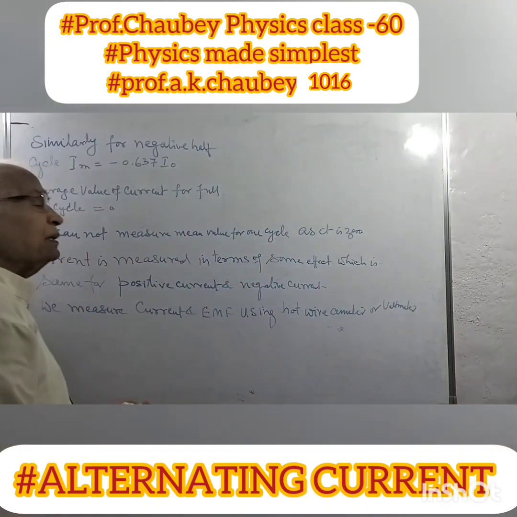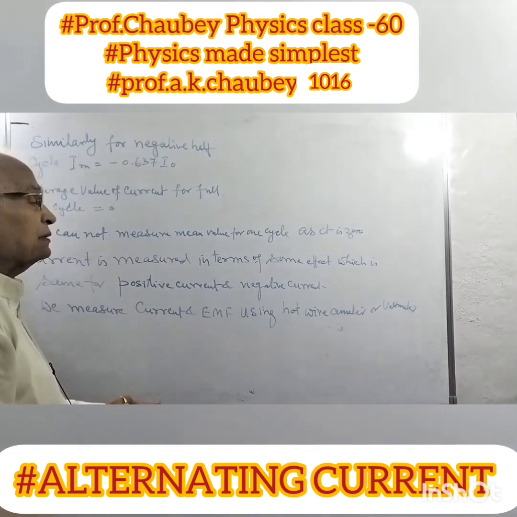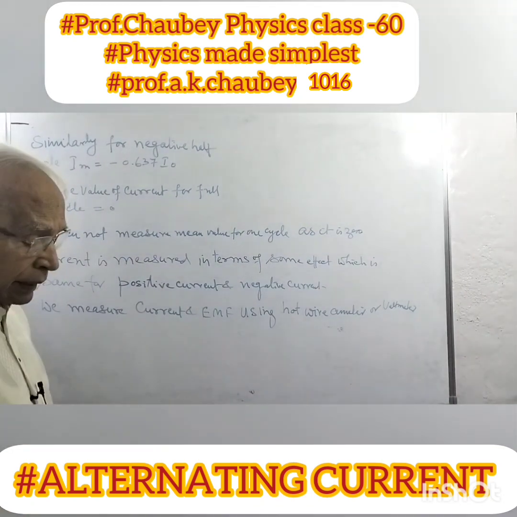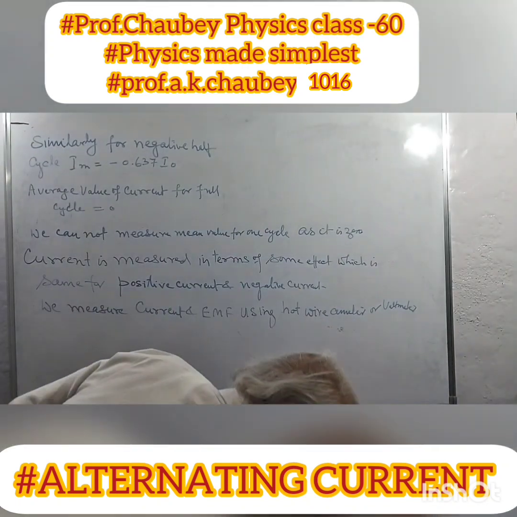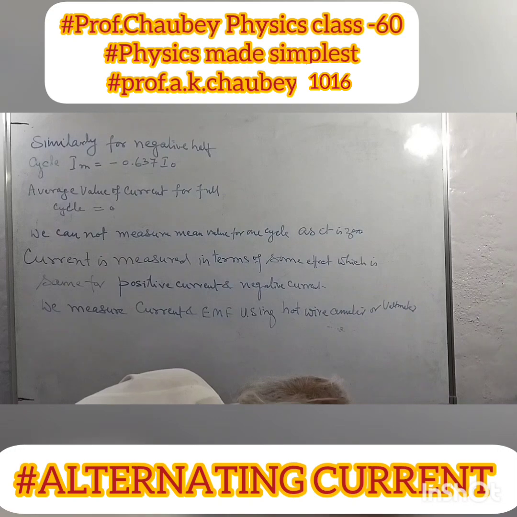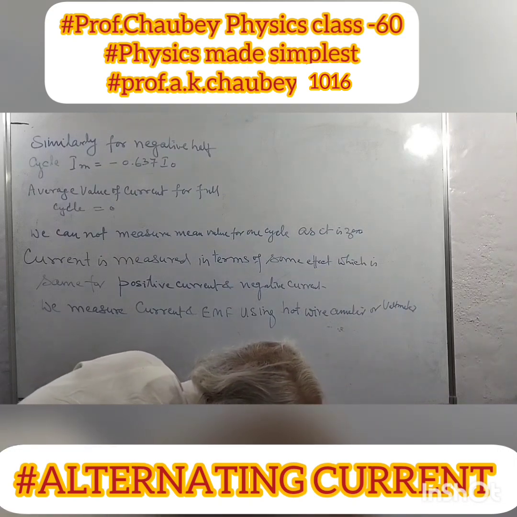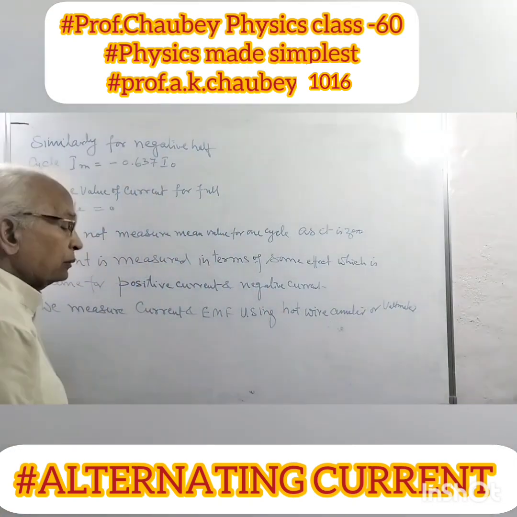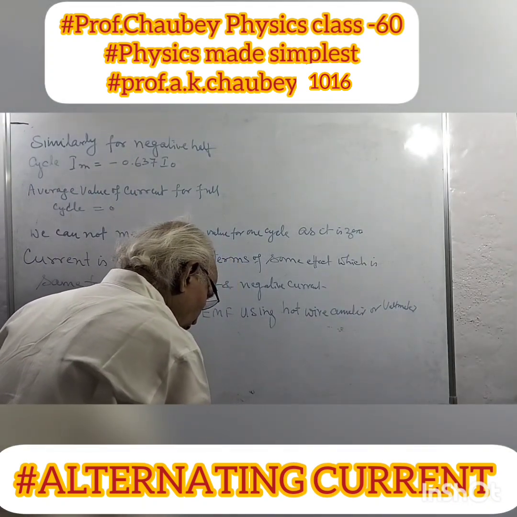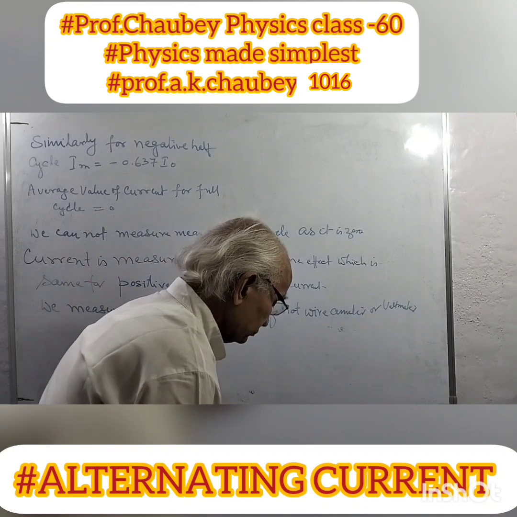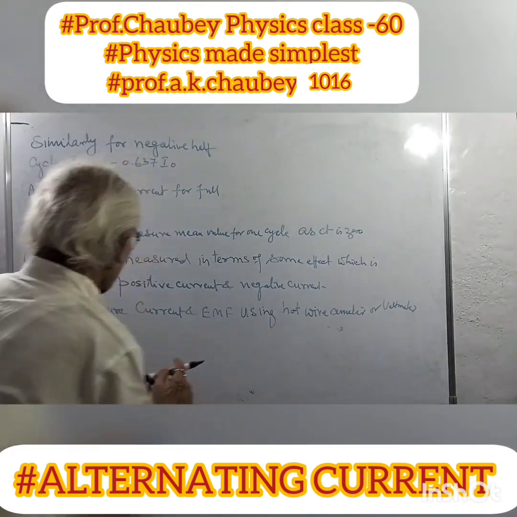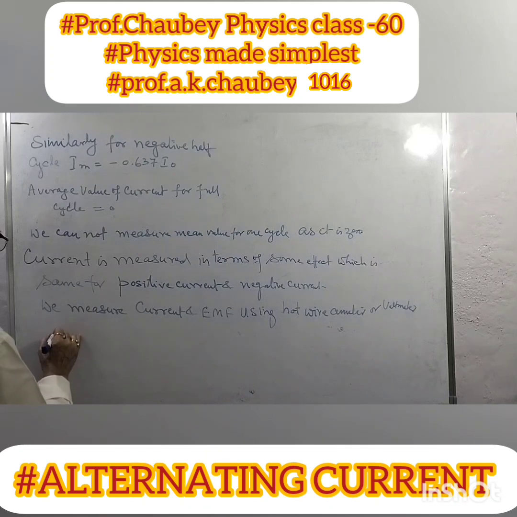These are hot wire instruments: the current passes, the temperature increases, so the needle deflection depends upon the heating produced by the wire. That is how the current is measured. And this current, we call it the current defined as the root mean square.